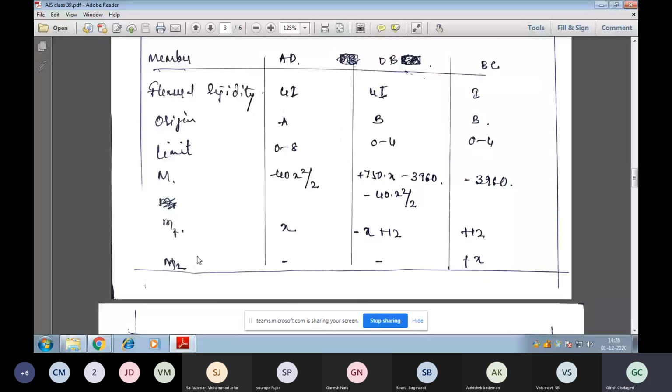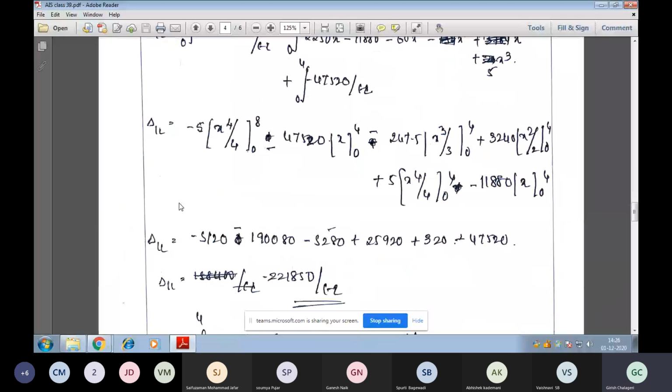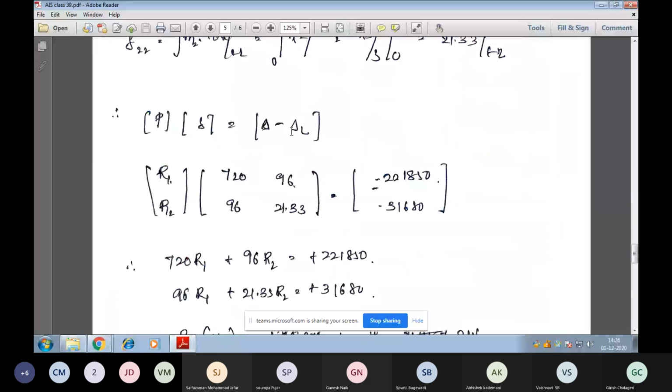Why is this M1, M2 required? As I told, we need the equation here. This equation we required: P into delta, small delta, capital delta minus delta L. So to have this, we need to know the forces here. So which are the forces here? We can see here.